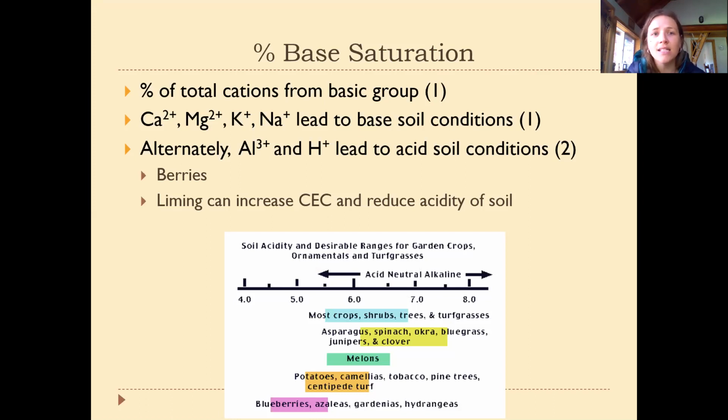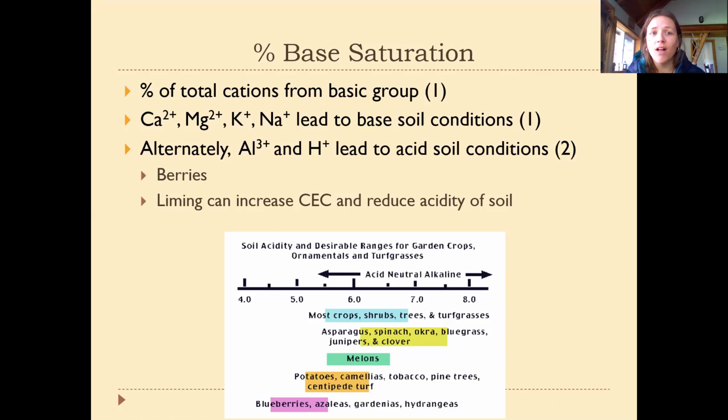So cations that are in the first group that I listed, calcium, magnesium, potassium, and sodium, are called base cations because they tend to balance out and actually minimize the number of hydrogen ions that are in the soil. And as you may or may not know, how acidic something is essentially a measure of how many hydrogen ions are in the soil.